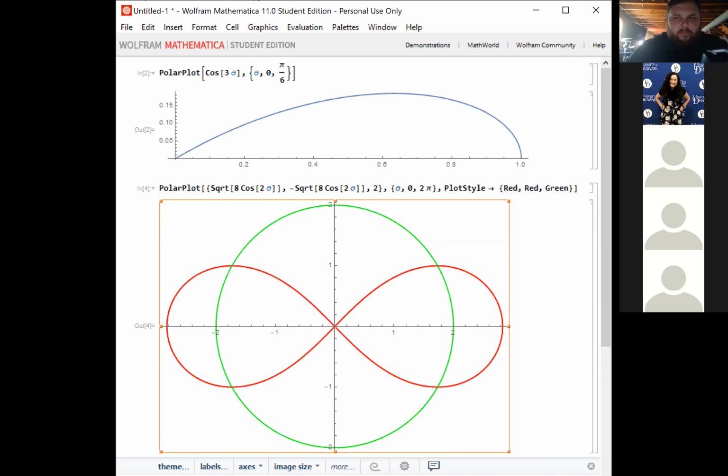That shouldn't be a problem. Now, if you zoom standard, of course it changed my theta max on me. Oh, I know what happened. That was my mistake.